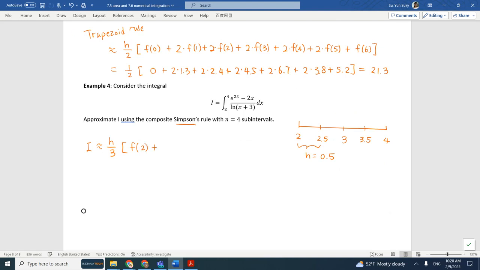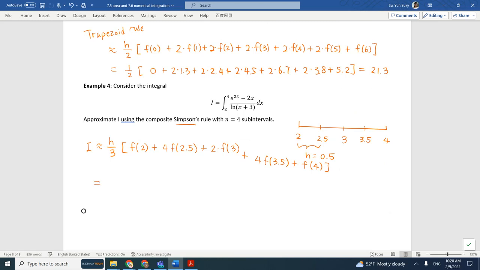And then how many copies? 4. F of 2.5. And then how many copies? 2. F of 3. And then how many copies? 4. F of 3.5. Plus how many copies? 1. F of 4. Is that okay, everybody?